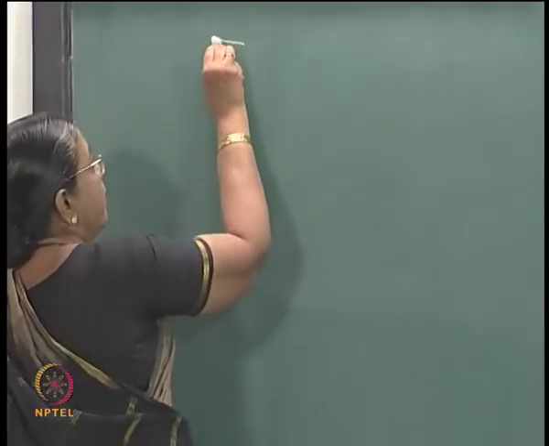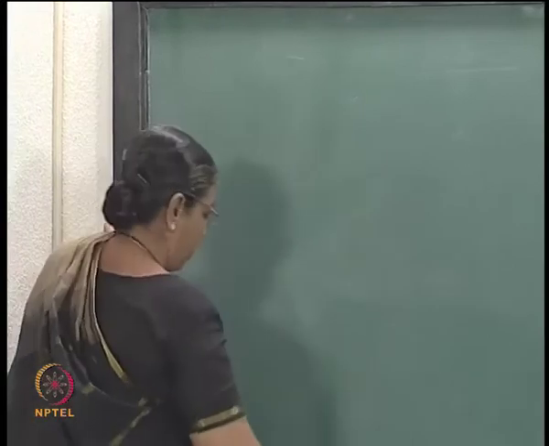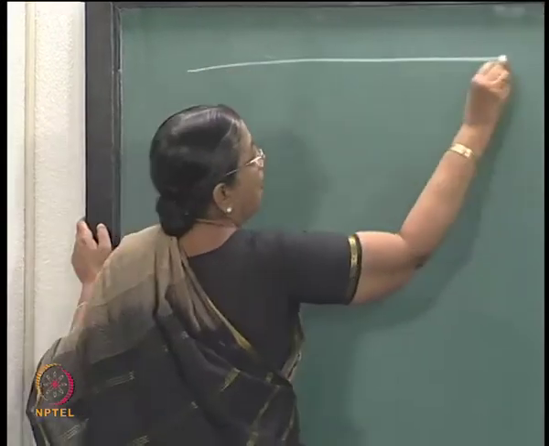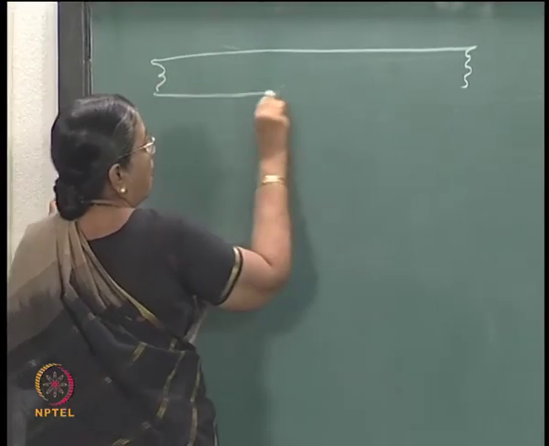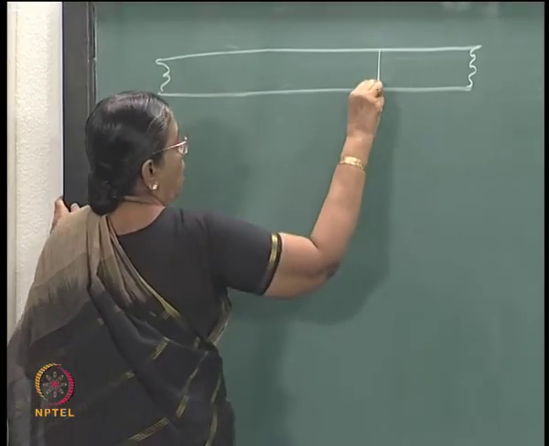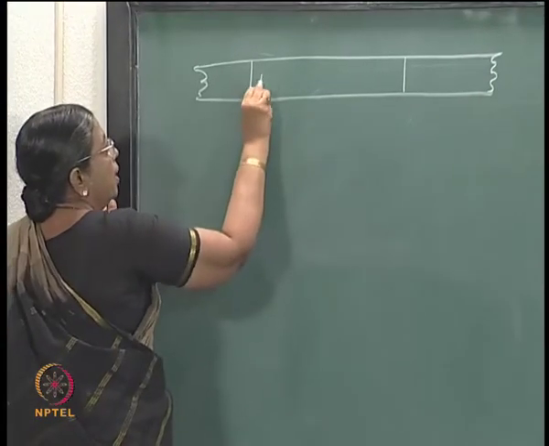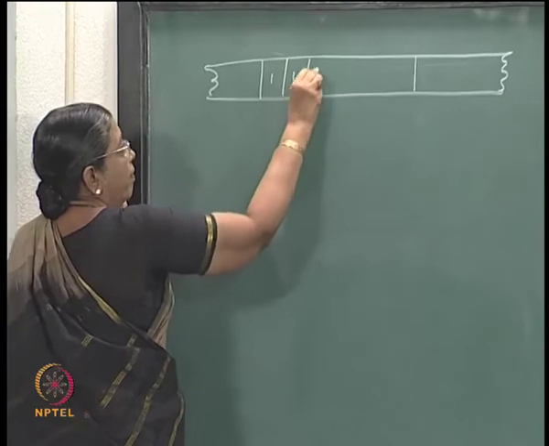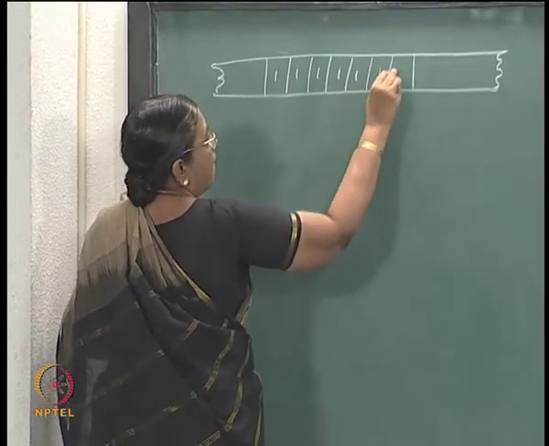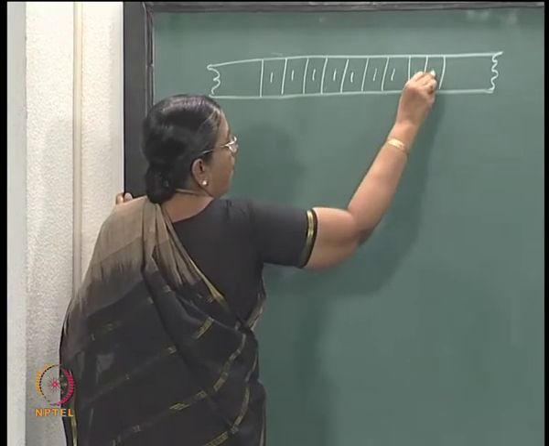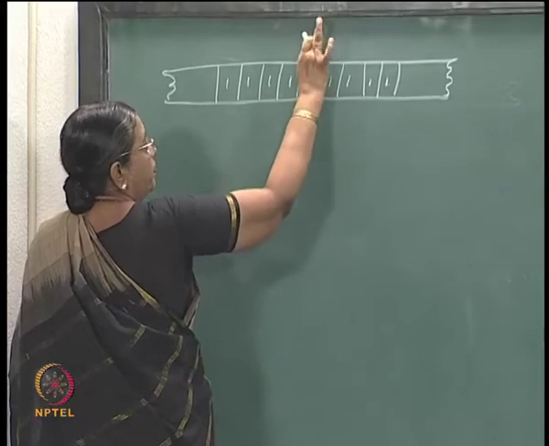So, the input is given like this is the tape. Suppose I have 1 1 1. I have 9 ones, it is the number 9 in unary.